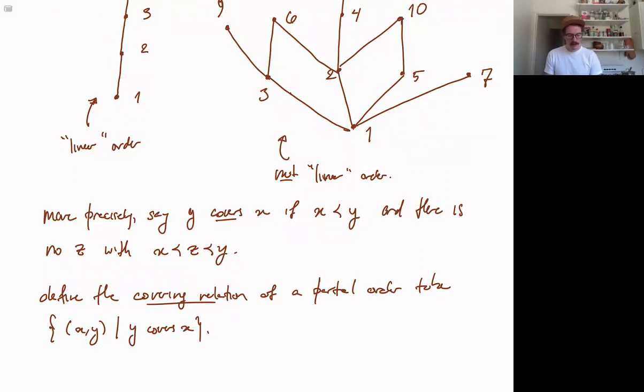This will no longer be a partial order in general, because it will no longer be transitive. This requiring there's nothing in between will destroy the transitive property, but it will still give us a relation. And the covering relation is essentially the data of the Hasse diagram, because we said that we draw a line in the Hasse diagram exactly when y covers x.